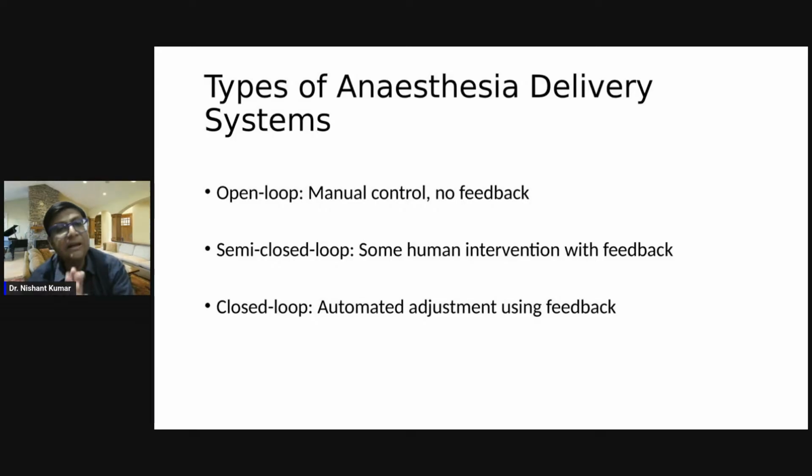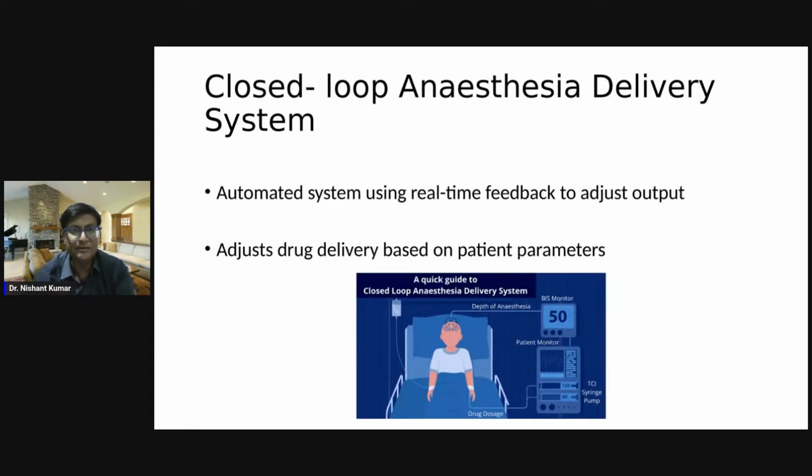So it is completely autonomous, so to say. Now, to have an ideal closed loop system is almost next to impossible. Some amount of human intervention is still required, but we are moving closer to closed loop automated adjustment systems, as we'll see in the following slides.